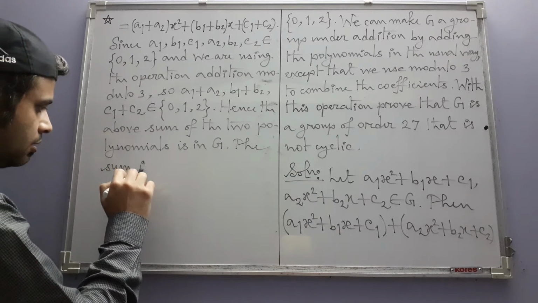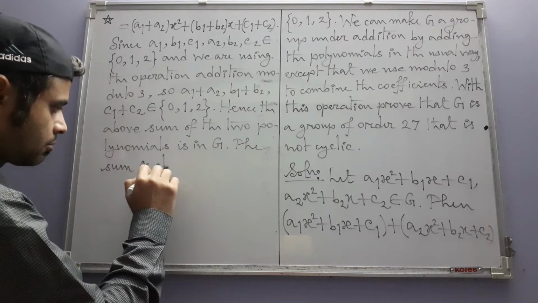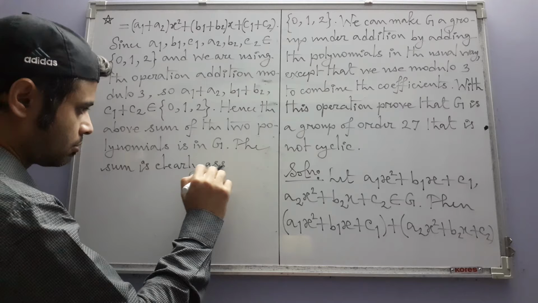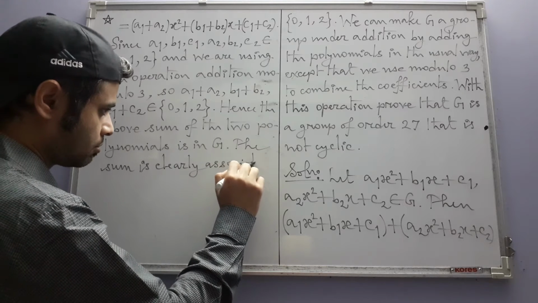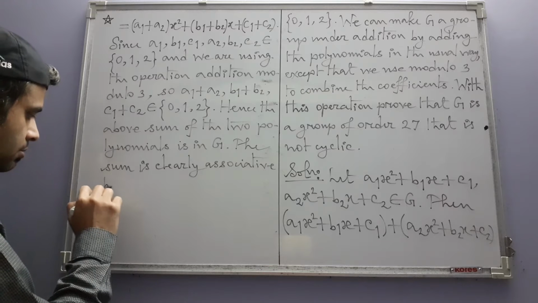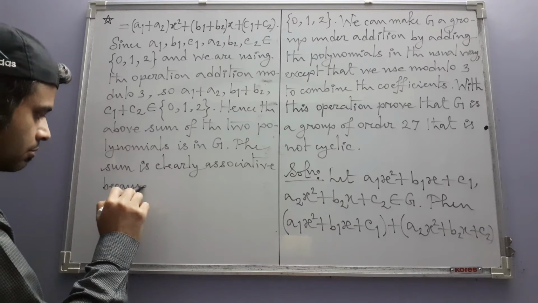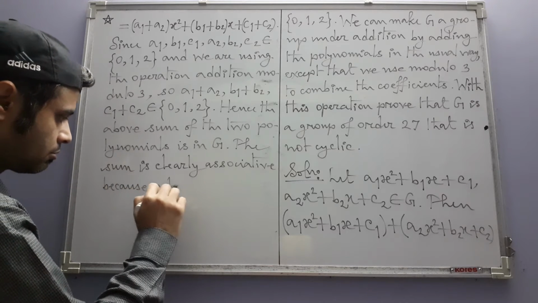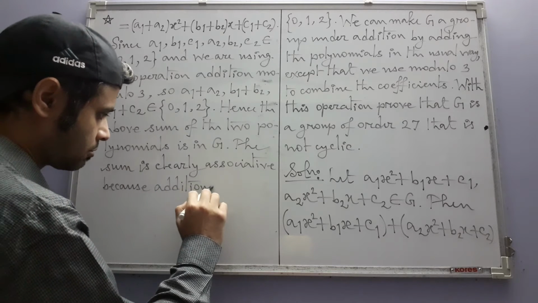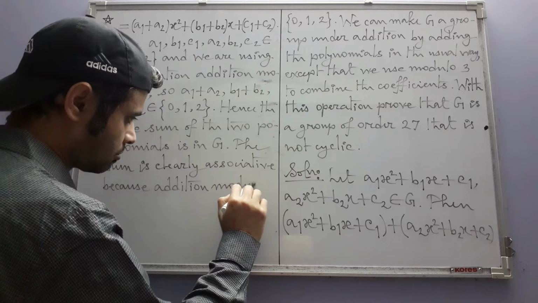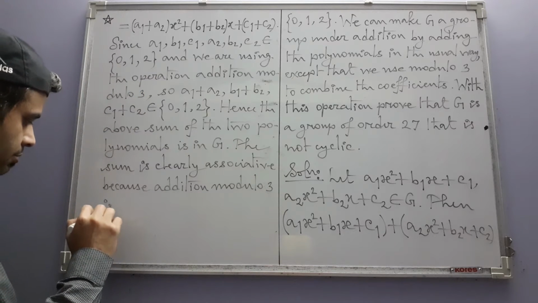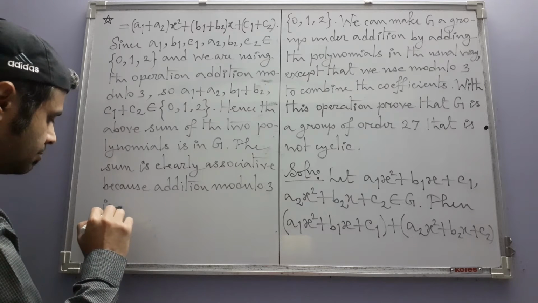The sum is clearly associative because addition modulo 3 is an associative operation.